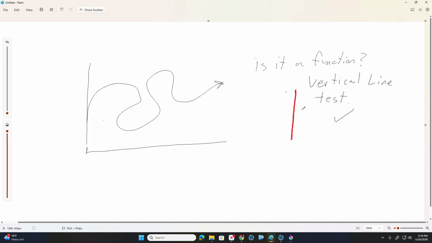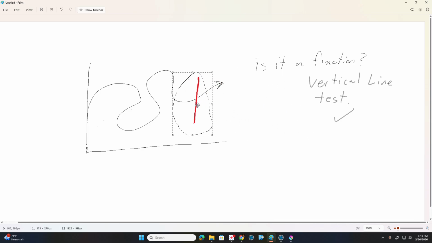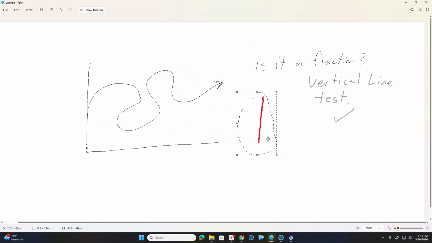Here's a function. Once again, we ask ourselves, is it possible for me to do what I want to do? If we pass this vertical line, oh, it seems good, seems good. Oh, right here, our vertical line is touching the graph at multiple places. You should really think about this as a thicker line. So as you can see, as it starts to touch this line multiple times, I don't even need to know the underlying rule.